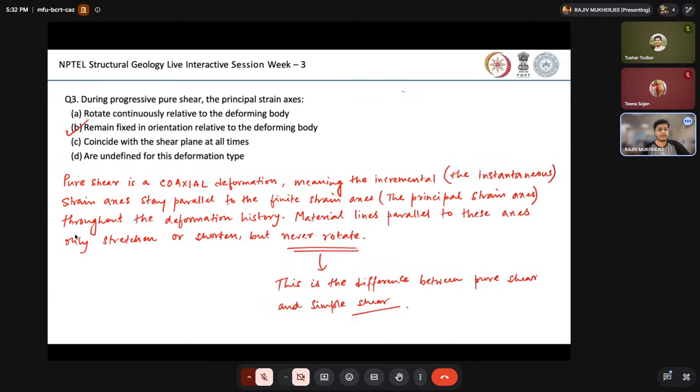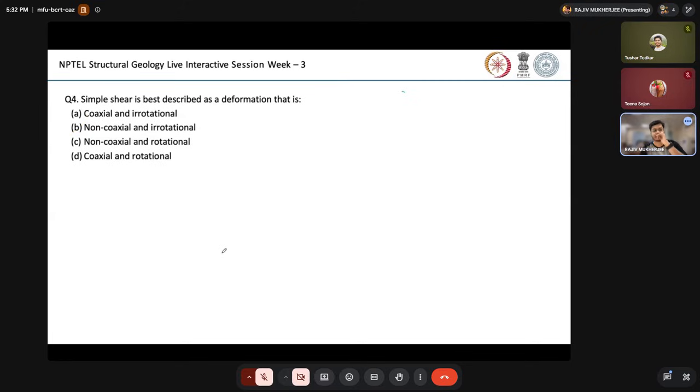Okay, so it was question number 3. Now let us move on to question number 4. Simple shear is best described as the deformation that is: option A, coaxial and irrotational; option B, non-coaxial and irrotational; option C, non-coaxial and rotational; option D, coaxial and rotational.